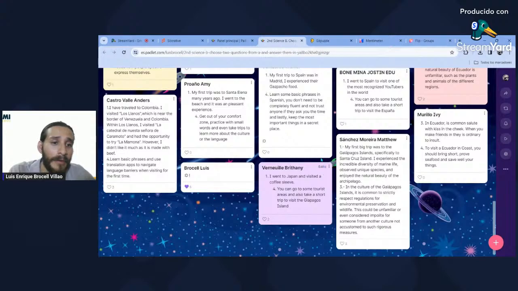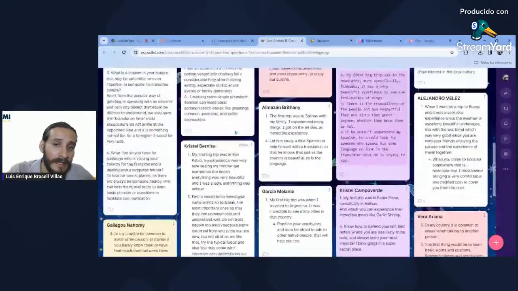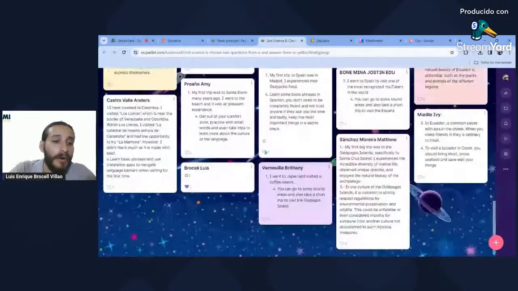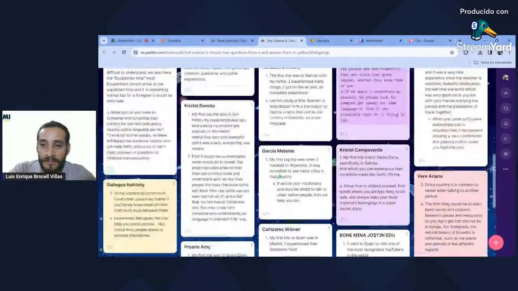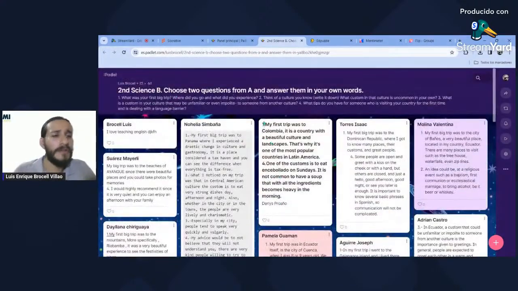Everyone can see it, and everyone can even go and react to the answer. Okay, this is easy. I use it when I want to assess writing. I also have my rubric in another part, but I can assess writing this way, or even vocabulary usage, grammar comprehension, grammar usage, and so on.